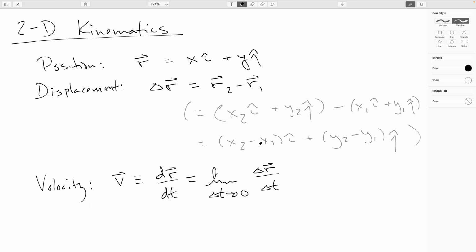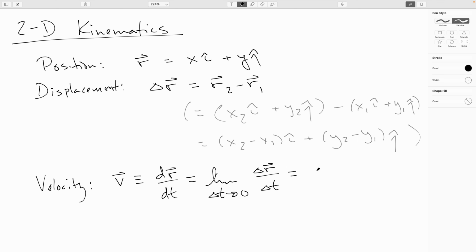Now, the big idea here is that when I take my differences, I'm only subtracting x components off of each other, and I'm only subtracting y components off of each other. So what this means is that my differentiation, or this limit taking process, however you want to think about it, distributes across the position vector.